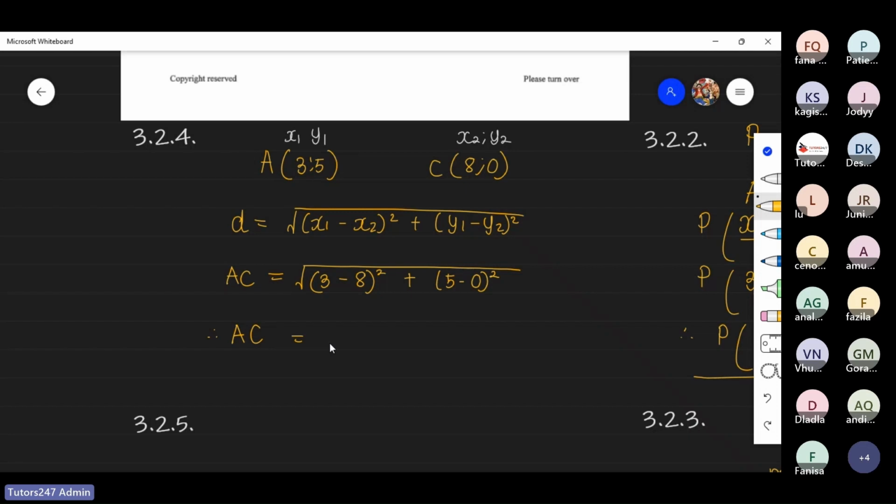Open our square root sign, open a bracket, 3 minus 8, close the bracket, squared, plus, open a bracket, 5 minus 0, close the bracket, squared. And that gives me 5 root 2. You can just put in units because we don't have a designated unit of measurement. That is how we can calculate the length AC.